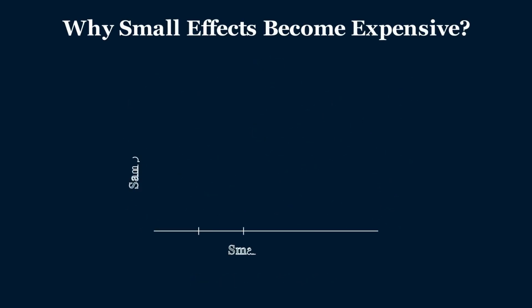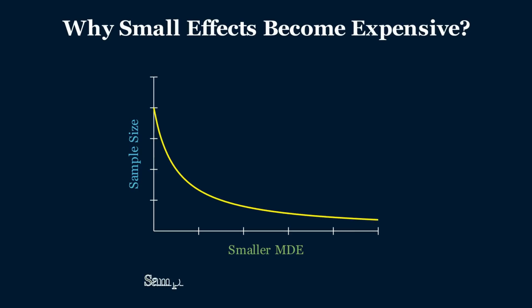This is the part that surprises most people. The relationship between MDE and sample size is not linear. Reducing MDE slightly can explode the amount of data required because tiny effects require extremely precise measurement and precision requires many more observations. So here's the fundamental trade-off.